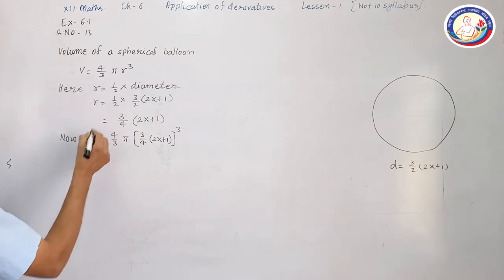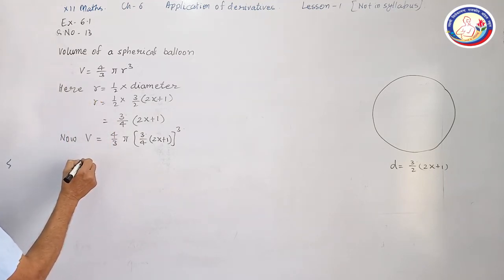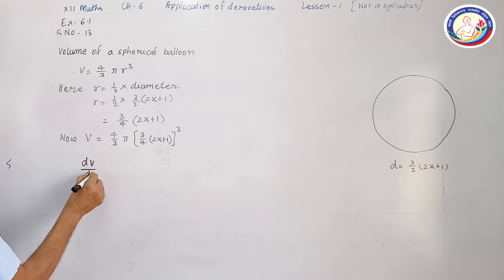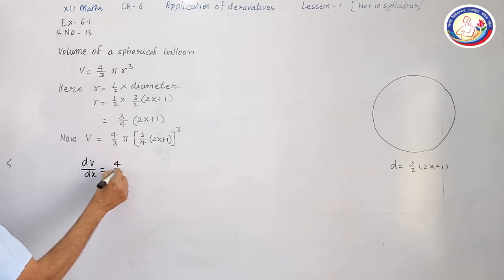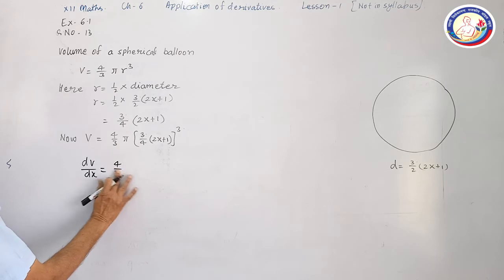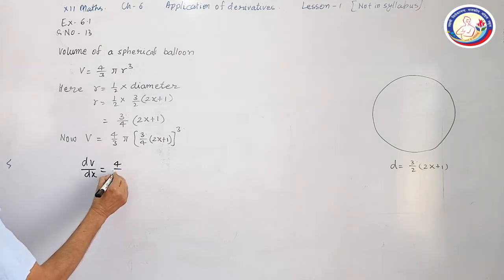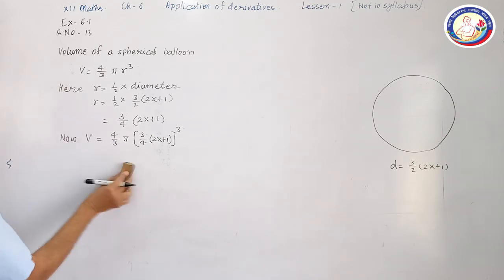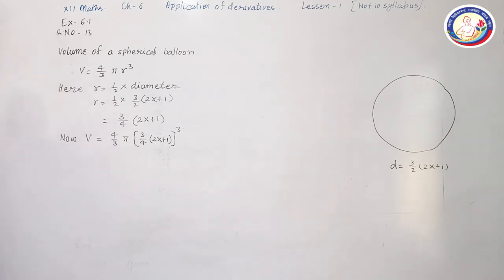Now finding the derivative of V with respect to x, we shall get 4 by 3 into pi, that is constant, or we must solve it before finding the derivative.